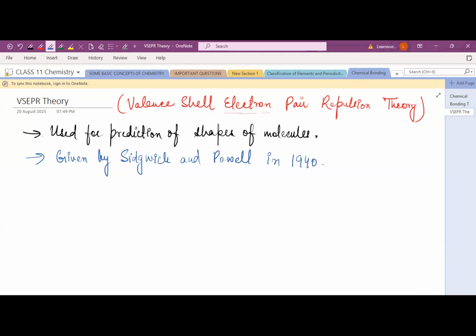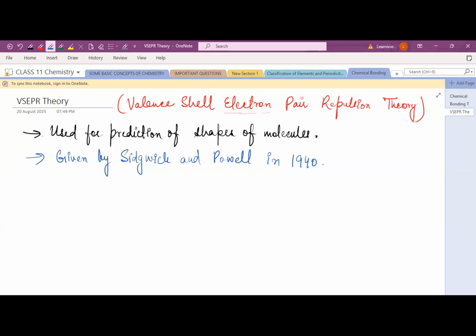They gave a theory which is based on the repulsive interactions of electron pairs in the valence shell. What is repulsive interaction? You know very well, it is that type of interaction which occurs when the charges, or you can say the electrons, have the same charge.